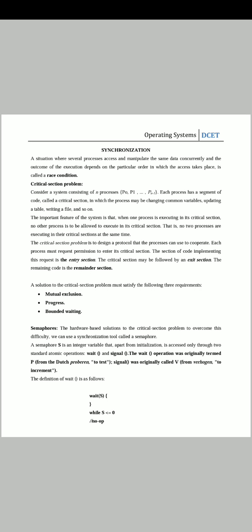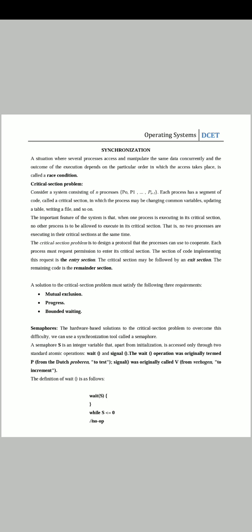For a simple question, he asks in operating systems or synchronization what P indicates or what V indicates. Here the two operations we have for semaphore are wait and signal. Wait was originally termed P and signal was originally termed V. P stands for test in the Dutch language, and V stands for increment in the Dutch language.